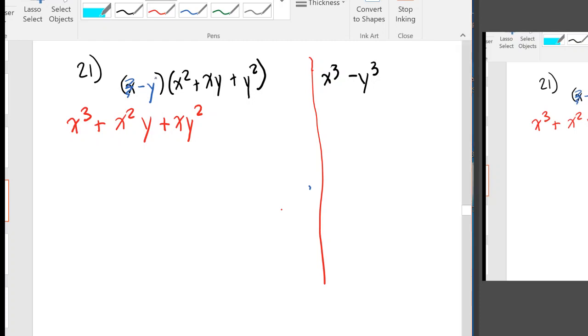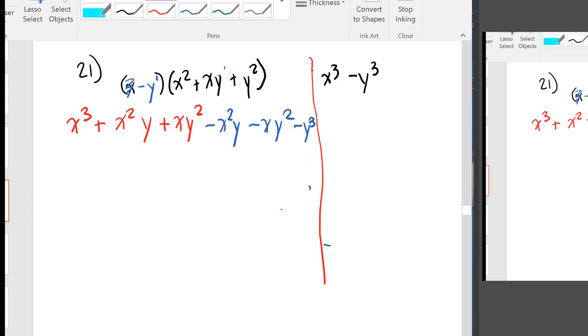So what I'm going to have is minus x squared y, or you could have written it as minus y x squared, which is the same thing, minus x y squared, right? Because I have y to the first, y to the first. All right, so minus x y squared, minus y to the third.